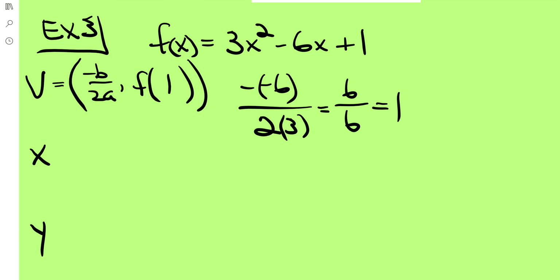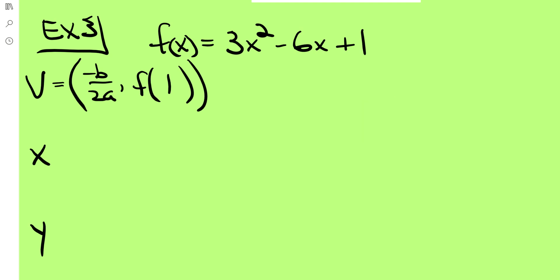So I'm going to plug in 1 for the x's and figure out what that equals. That's 3 times 1 squared minus 6 times 1 plus 1. What does that equal?